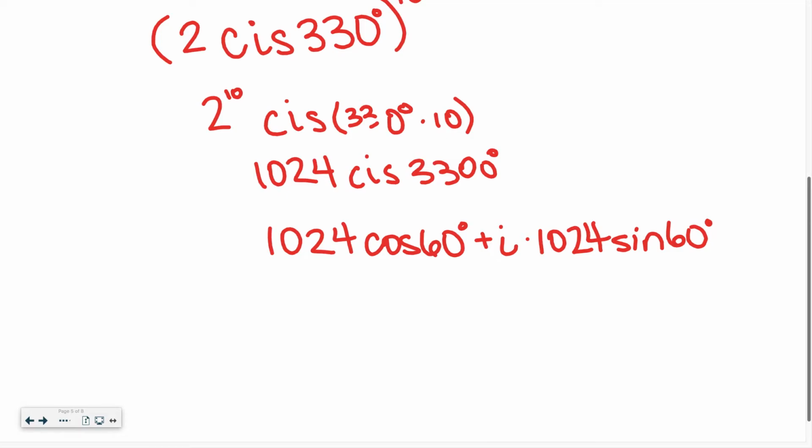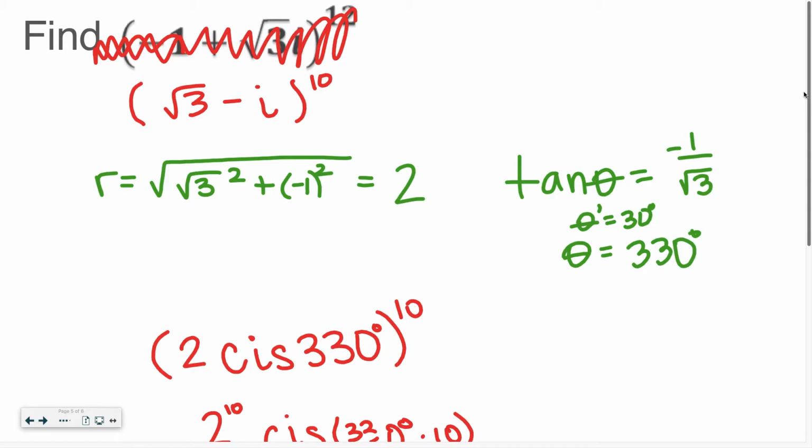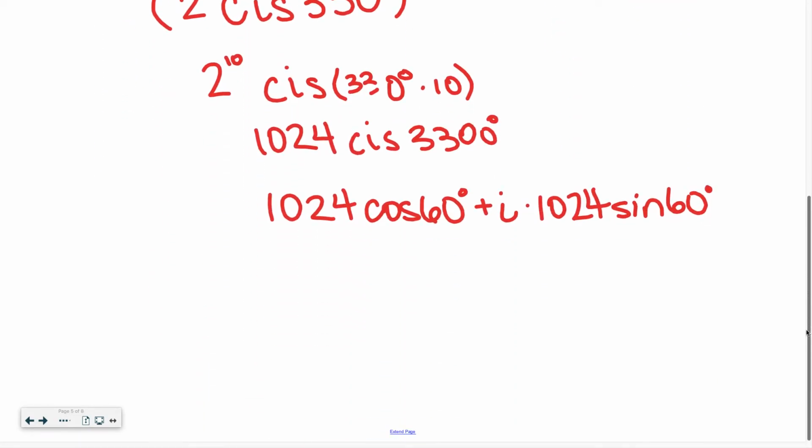But if I give you a number in standard form, how do you think the answer should be? In standard form. So the cosine of 60 is 1/2. So this would become 1/2 times 1024, plus the sine of 60, which is radical 3 over 2.